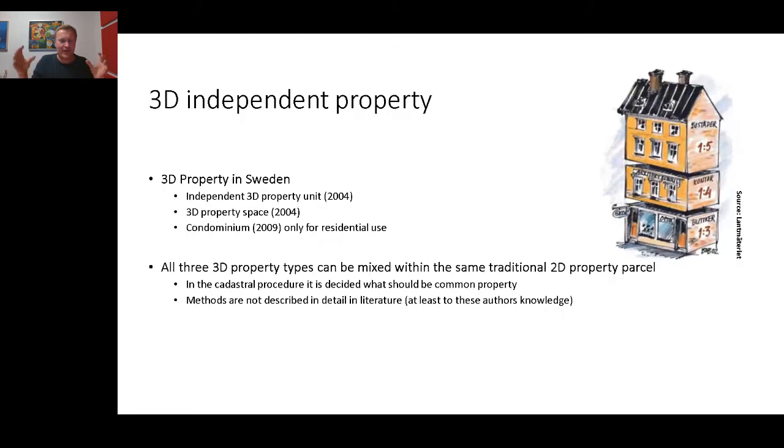So you have the same situation regardless of whether it is the 3D property system from Sweden or the traditional condominium system in Denmark, that you have to organize the relationship between these different types of use. So in that sense, there is not much difference from the Swedish, the Danish, or the American classical situation.